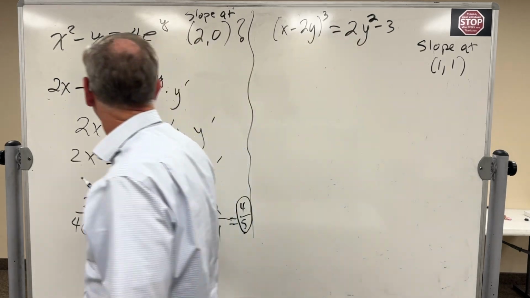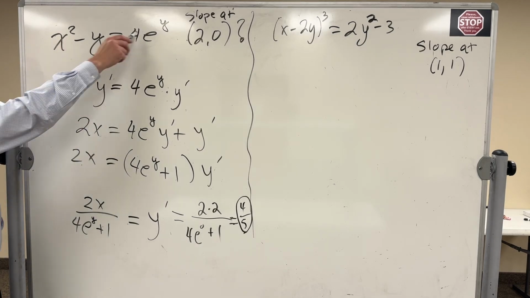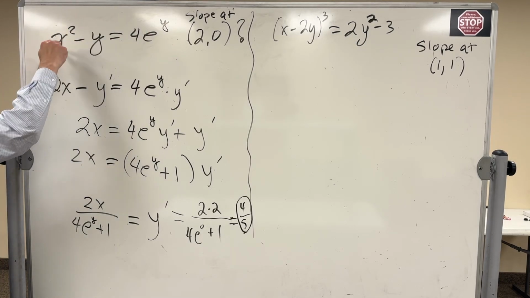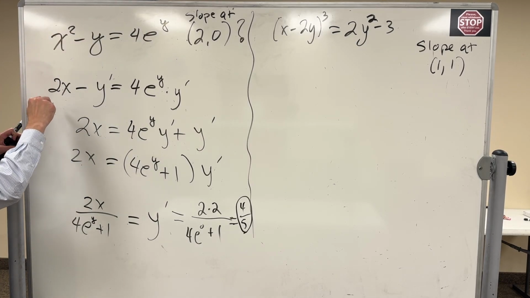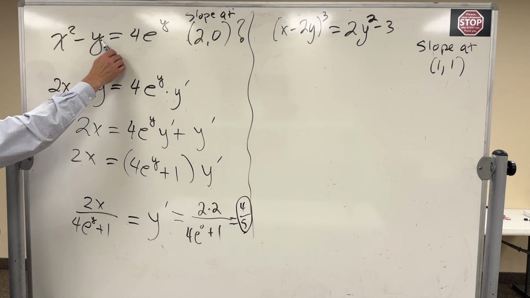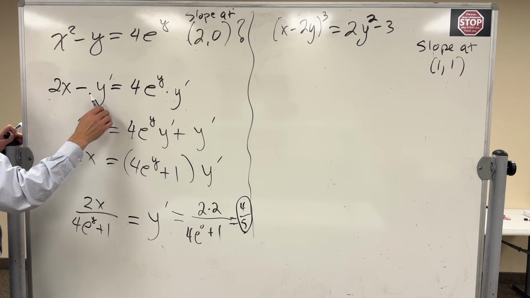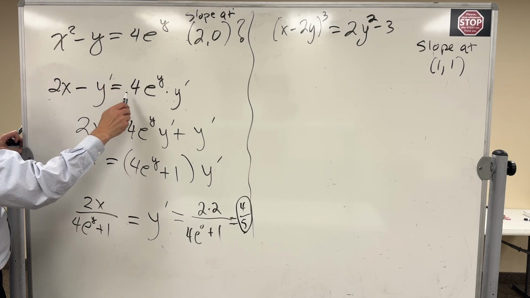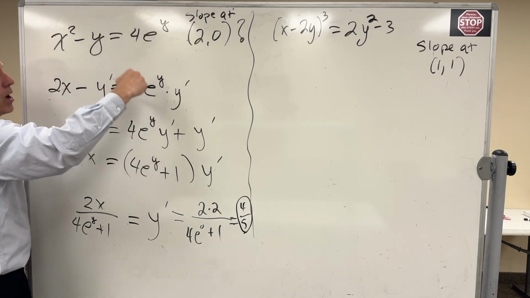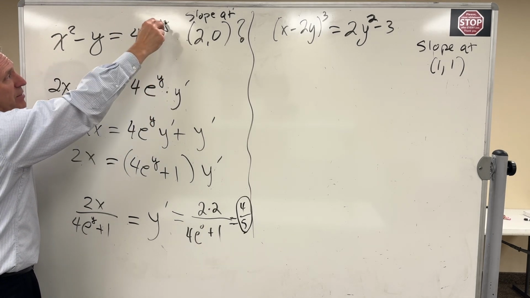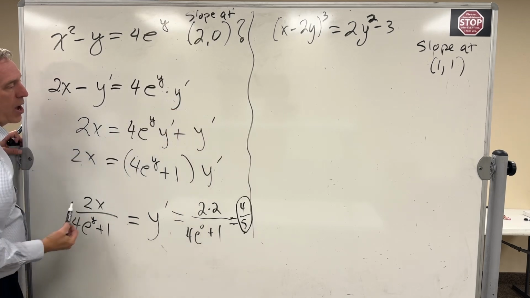Working back through this, the d dx of the whole thing is 2x minus d dx of y, which is y prime, equals 4e to the y, the derivative of e to the y is e to the y, times the derivative of the inside, y prime.